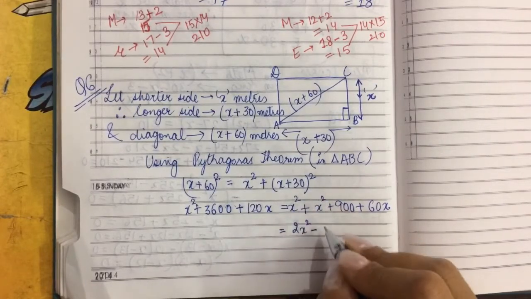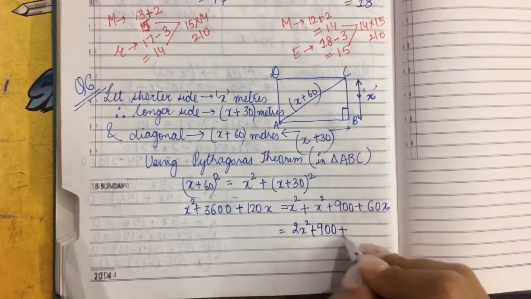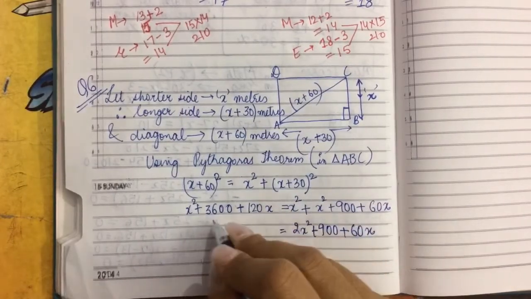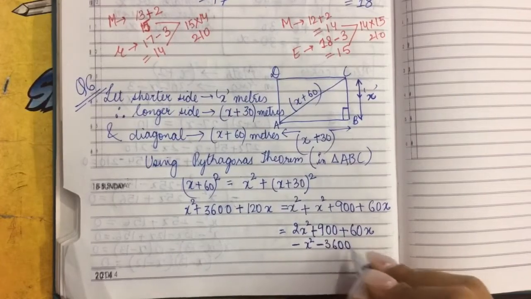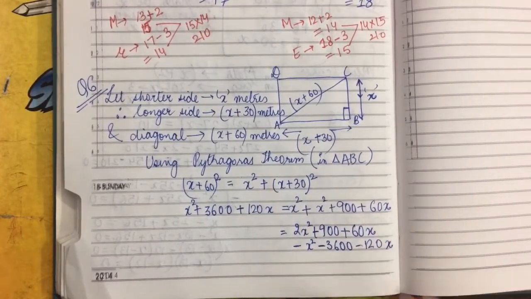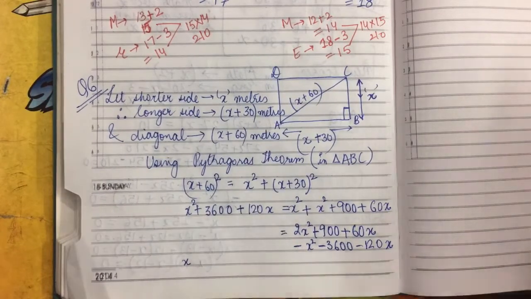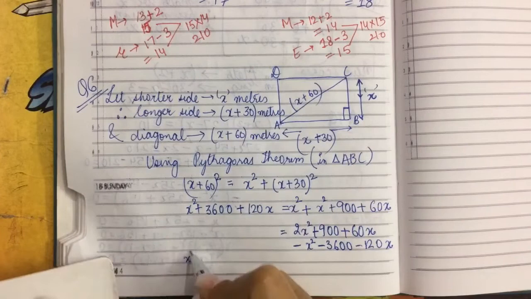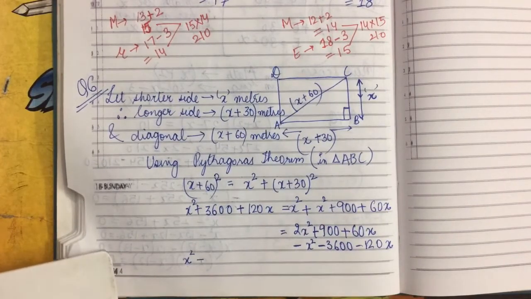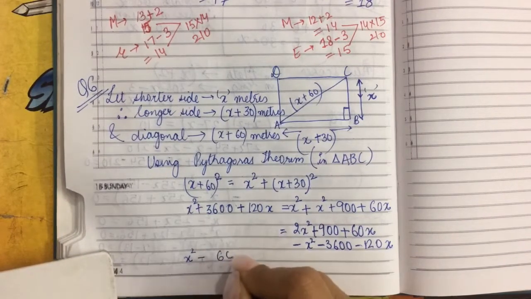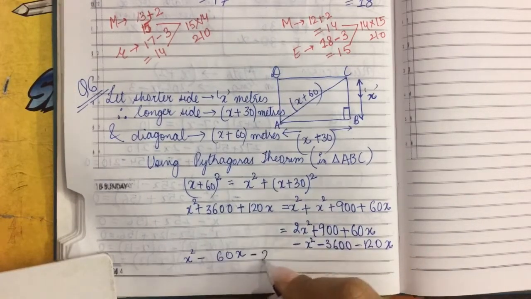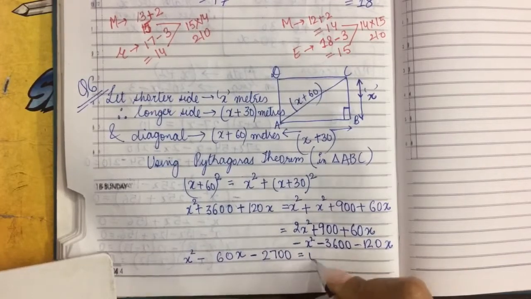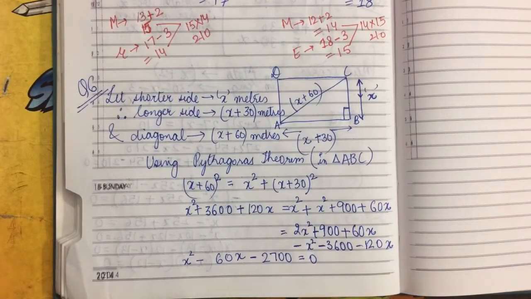So this is 2x square plus 900 plus 60x, taking these to the right hand side, minus x square minus 3600 minus 120x. From here my quadratic equation comes out to be x square minus 60x, the terms with x, the constants give me minus 2700 equals 0. So this is the quadratic equation.